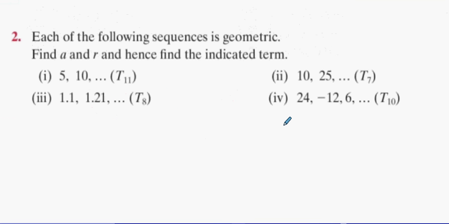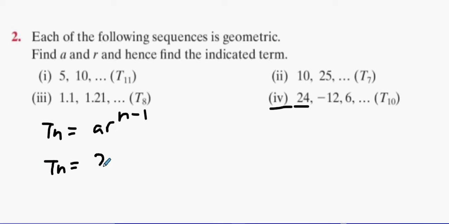This is where we're going to start using our formula. Tn equals A times R to the n minus 1. Does that kill you guys? Alrighty. Now, what's the A value? Well, 24. Anybody care to tell me the R value?